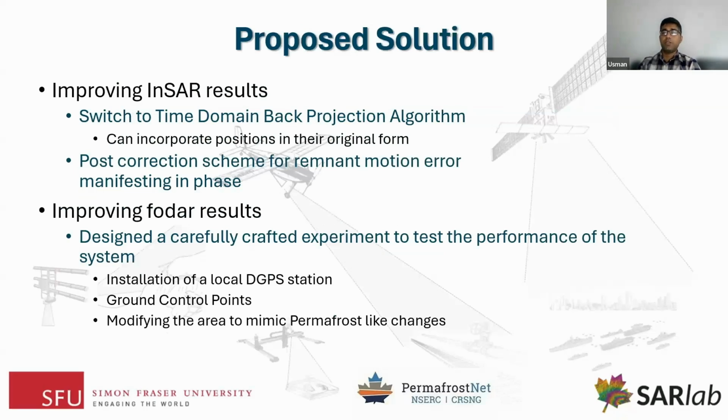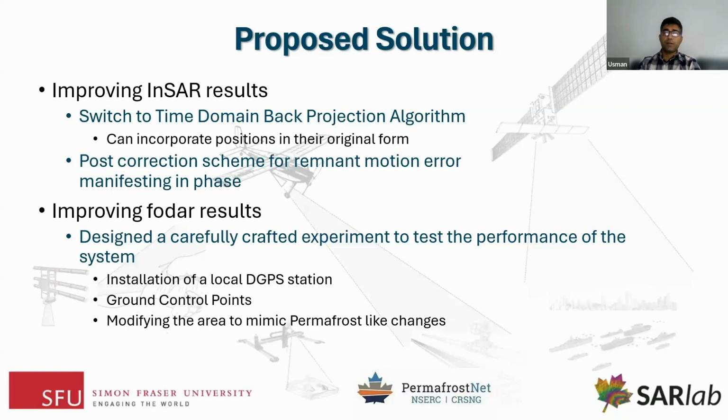The solutions we proposed for improving the InSAR are switching over to the TDBP algorithm, and if there are still some remnant motion artifacts, using a data-driven post-correction scheme to correct them.